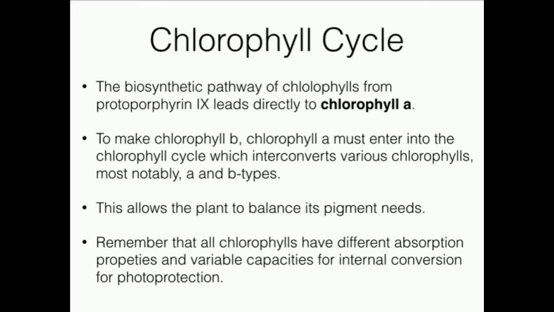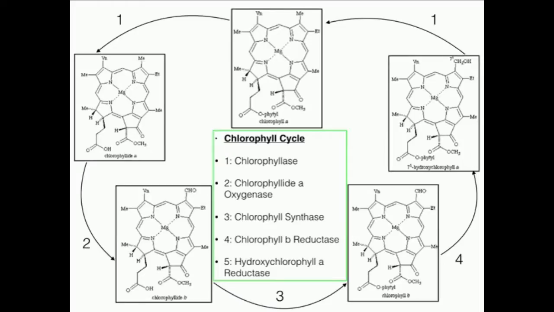In order to prevent damage from the sun, but also get all the possible wavelengths that the plant needs, you have to have both of these. So it's all about balancing the pigment needs. And just remember, all the different chlorophylls have slightly different properties.